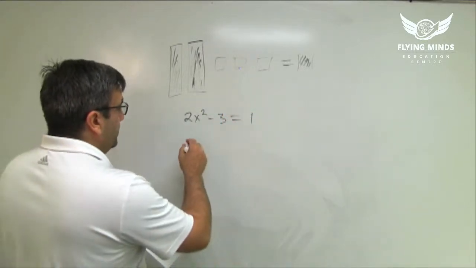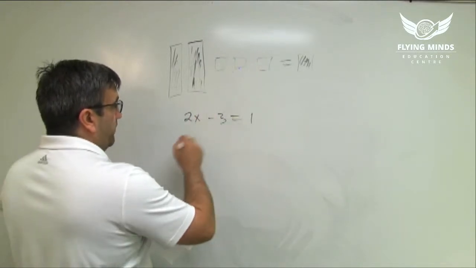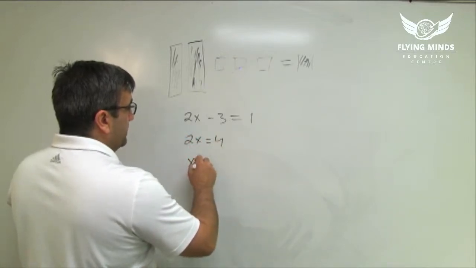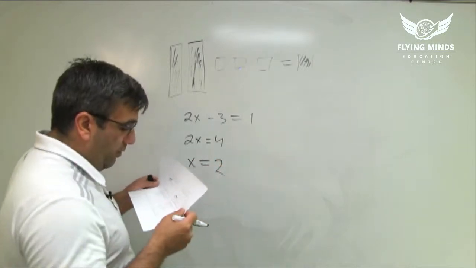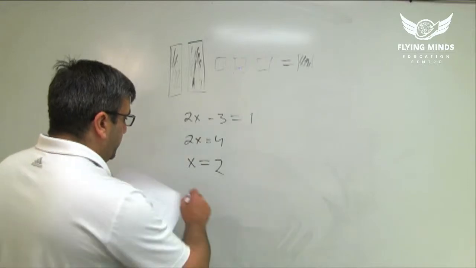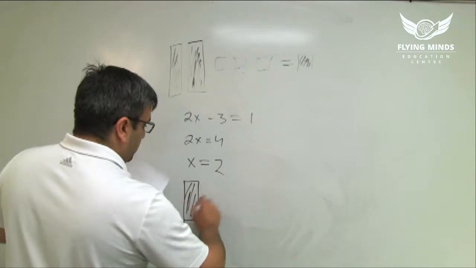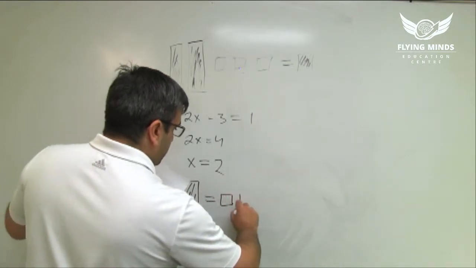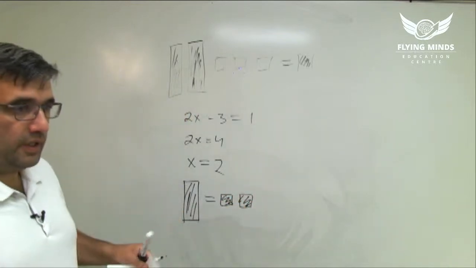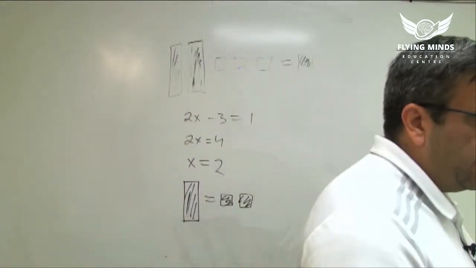So if we solve this equation, 2x equals 4, x equals 2, right? So correct answer will be C. Okay, so here's the correct answer.